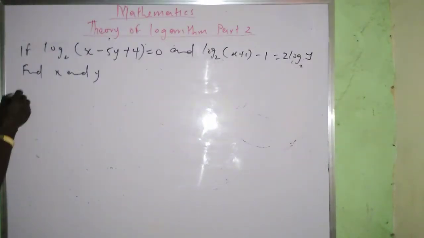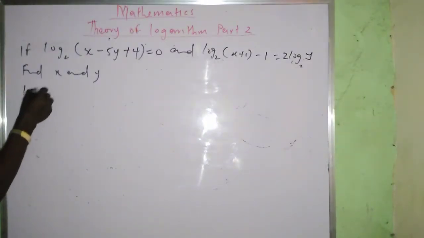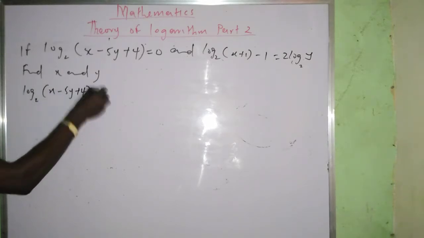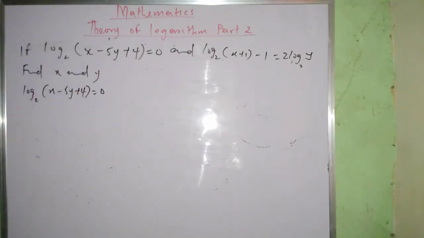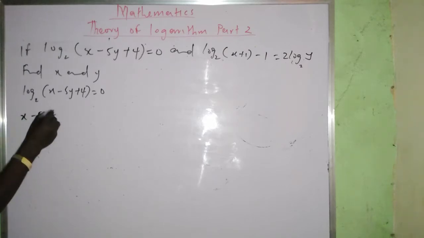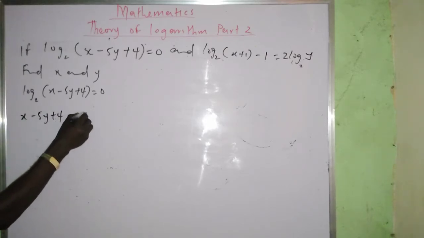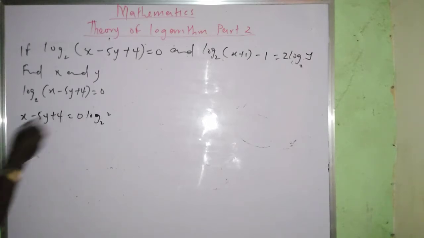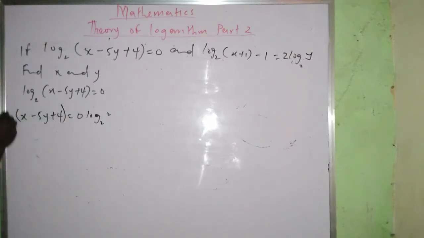Equation 1: log base 2 of (x minus 5y plus 4) equals 0. What can I do here? I can write 0 as log base 2 of 1.